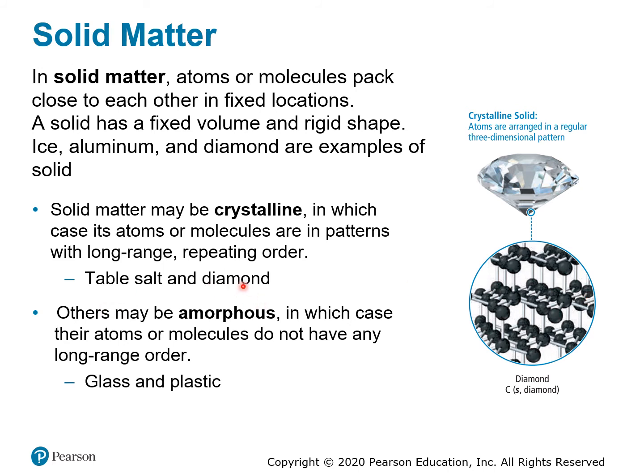So diamond is an example of a crystalline solid, or table salt is made up of those fine crystals. The second classification of solid matter is amorphous. Amorphous is where you do not have this long range order. For example, glass or plastic or something which is powdery.